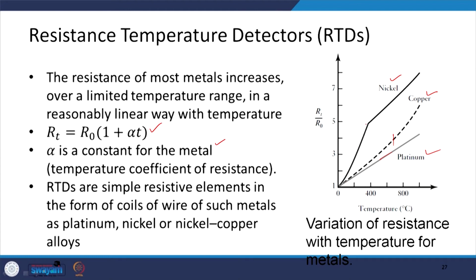Similarly, for the nickel also there is some linear range up to some temperature. Okay. So, when the temperature increases, basically the RT increases, and that resistance measurement is basically the principle of the resistance temperature detectors.